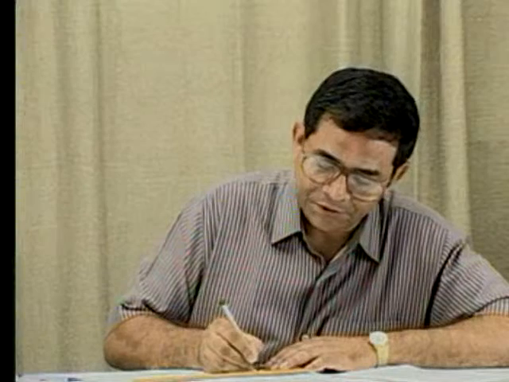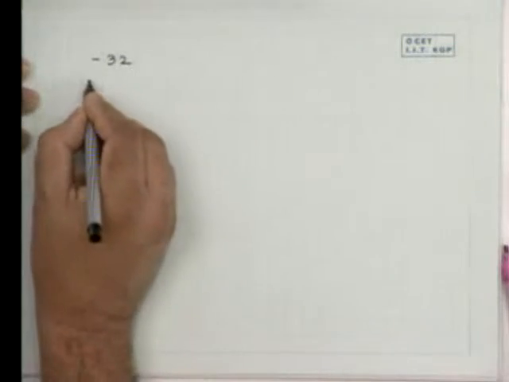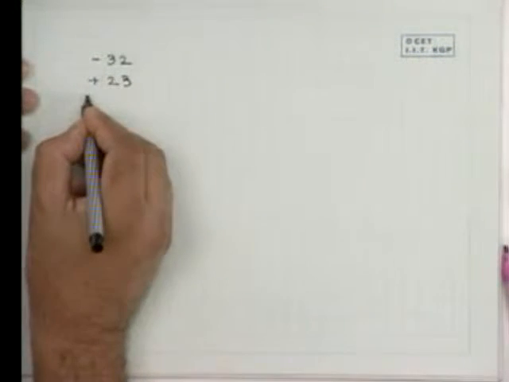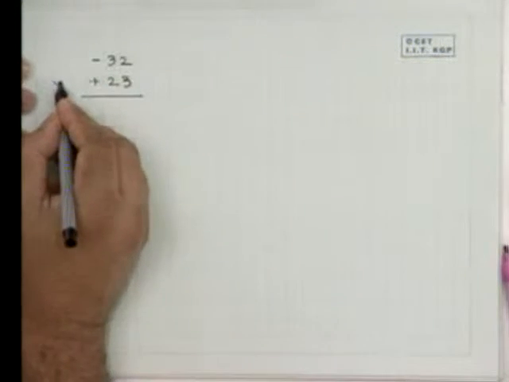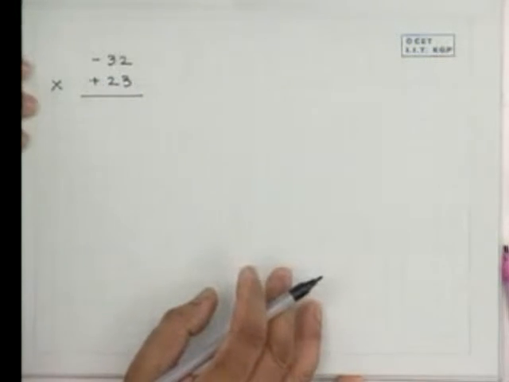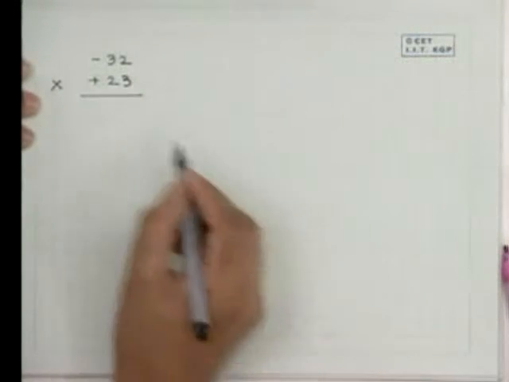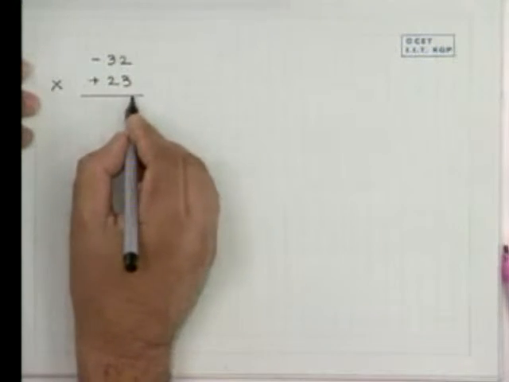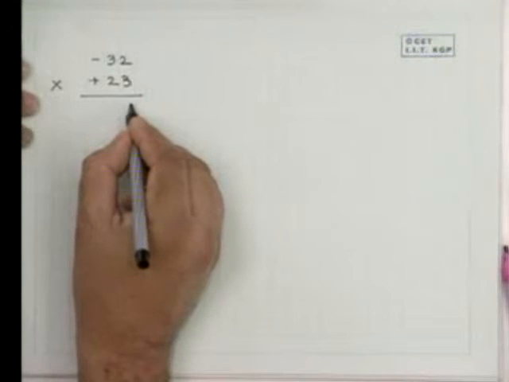Say we have a number which is minus 32, and we want to multiply it by plus 23. The operation that we want to do is multiplication. Then let us see the way we go. It's a basic paper and pencil method that we employ here.